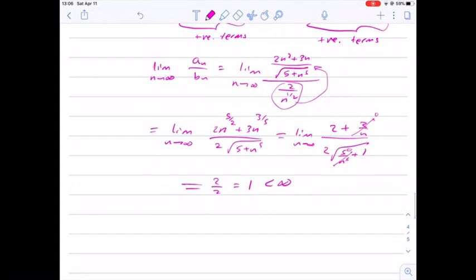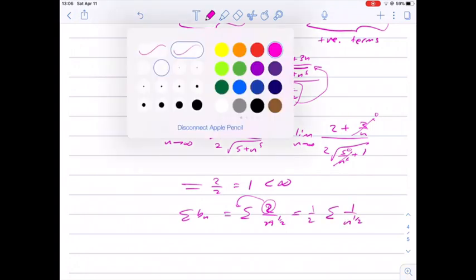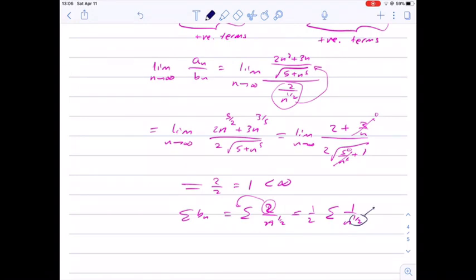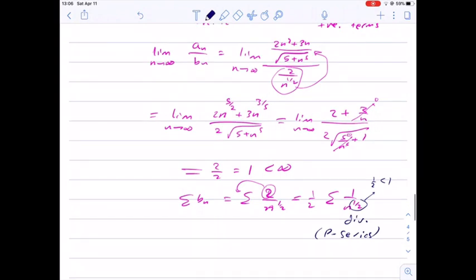And that means the series bn, which is 2 over n to 1/2, we can pull the 2 out of the sum, leaving 1 over n to 1/2. The power here is 1/2, less than 1. That means this is divergent. This is a p-series, so it is divergent.